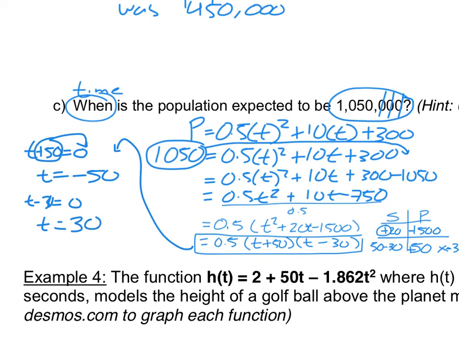Now this is relating back to that other question that we did in lesson 2, where we have to choose a realistic time. We can't have negative 50 for a time. That doesn't exist. You'd be a time traveler. So all we can have is t equals 30. So 30 years from the starting point, that's when you'll have a population of 1,050,000.